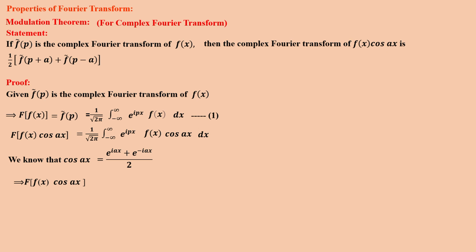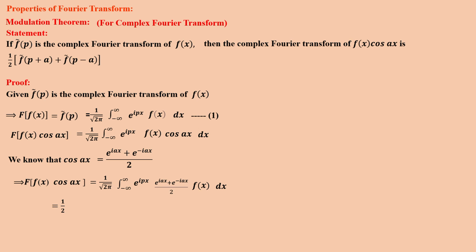So using this idea, that is equal to 1 by root 2 pi integral minus infinity to plus infinity e power i px f of x into e power iax plus e power minus iax by 2 into dx, right? So 1 by 2 is a constant, take it outside.